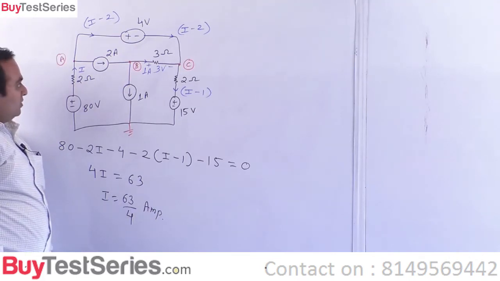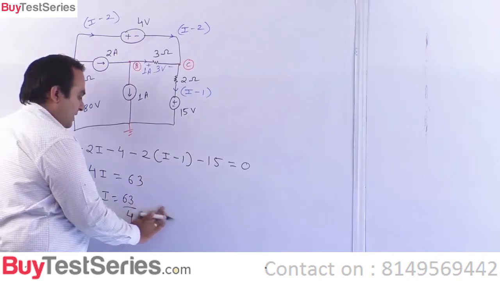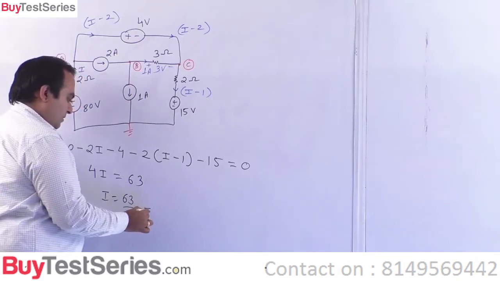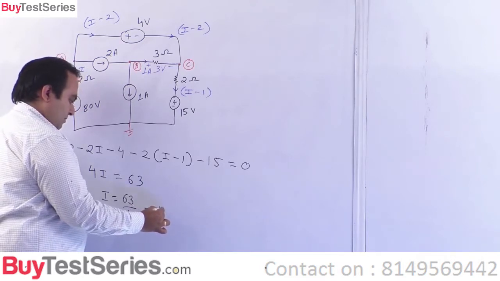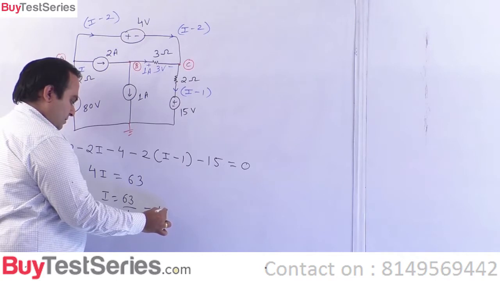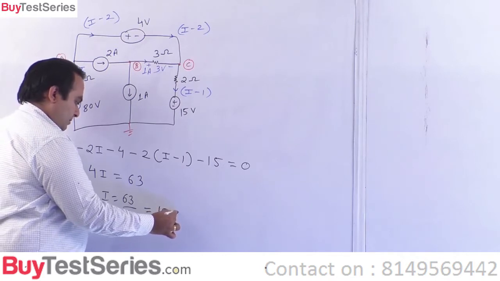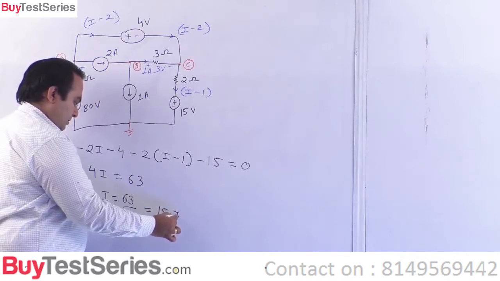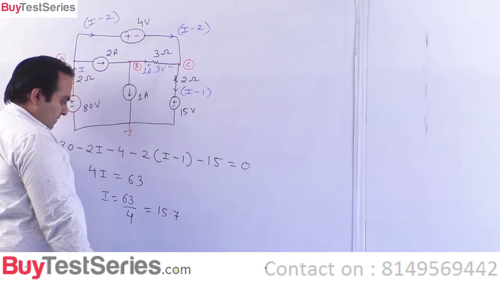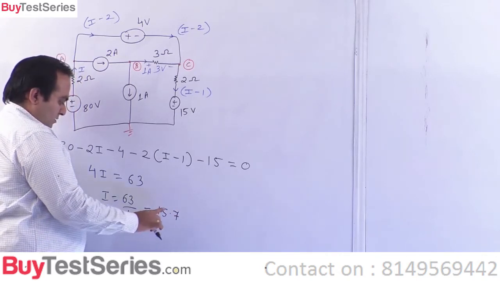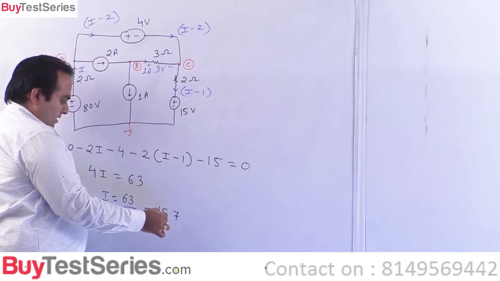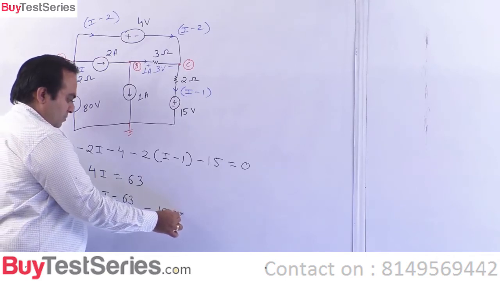Is this okay? So if I is 63 by 4, this can be written as 15, then 3 by 4 is 0.75.